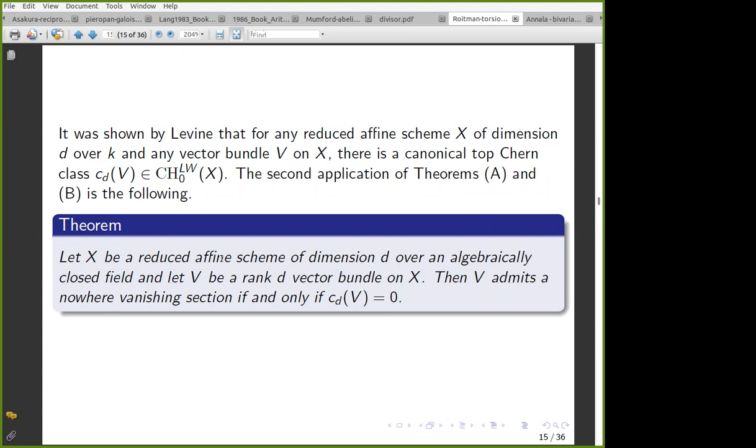So let X be a reduced affine scheme of dimension D over an algebraically closed field, and let V be a vector bundle of rank D on X. Then V admits a nowhere vanishing section if and only if the top Chern class vanishes. So it basically gives you a theorem for any arbitrary affine scheme. So this is another application.